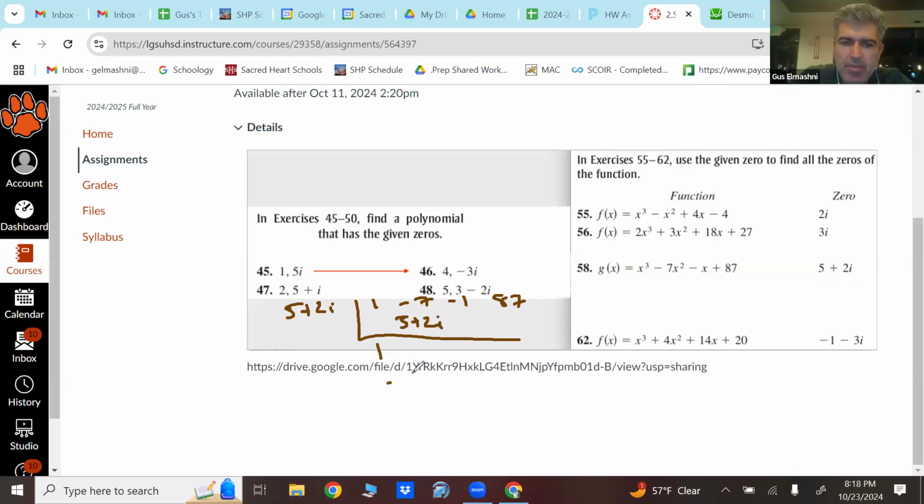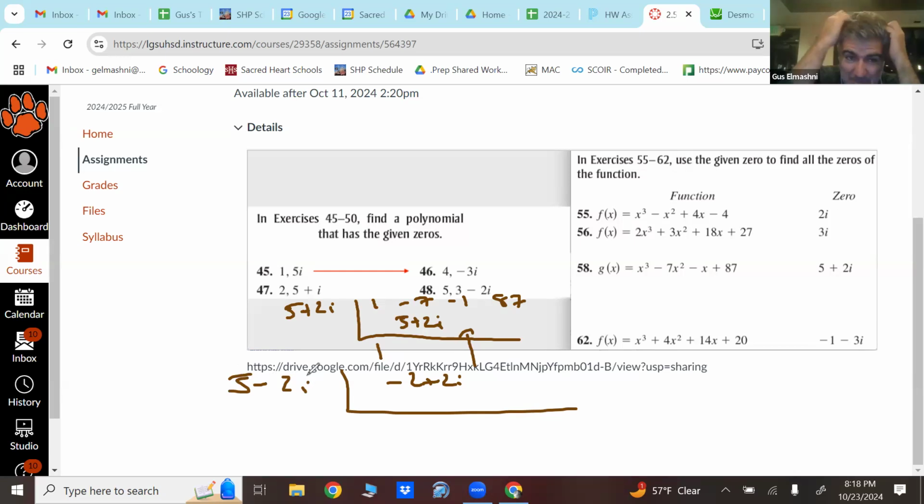Add those together, which is negative 2 plus 2i. Then you have to FOIL that with negative 2 plus 2i, and put it right here, and then continue doing that. Then you have this new thing. Then you get the 5 minus 2i and break it down that way.